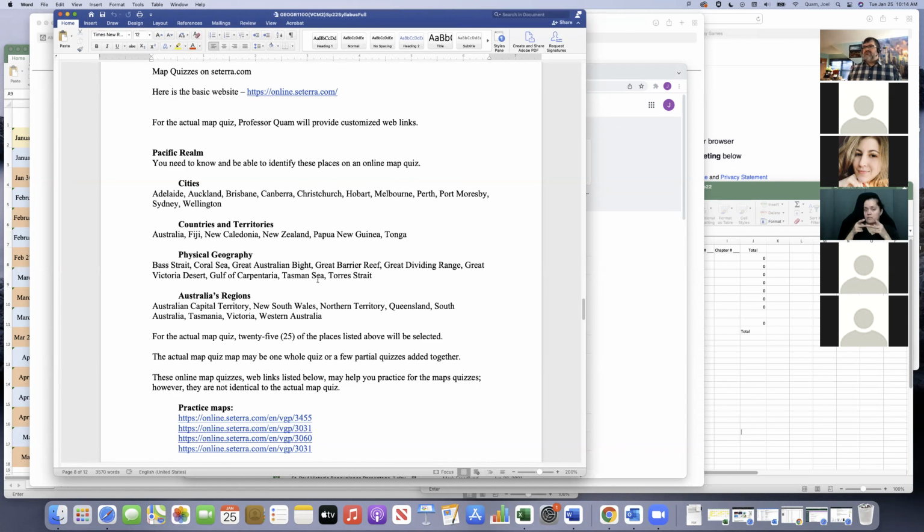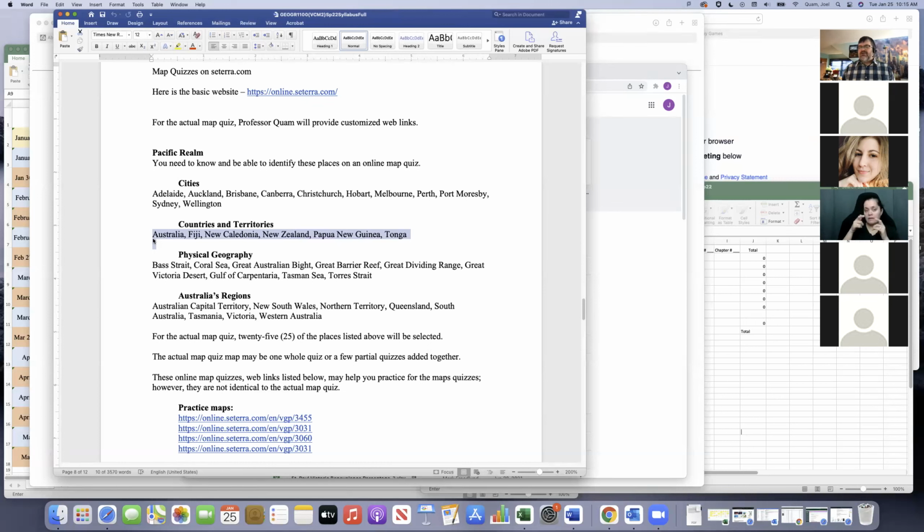So for the Pacific realm, I've chosen those cities. Of course, that's not every city, but I've tried to choose the more important or more populated ones. For the Pacific realm, I've selected these countries or territories. It's not all the countries, but I've picked the bigger ones.